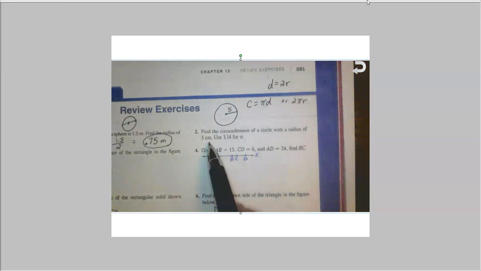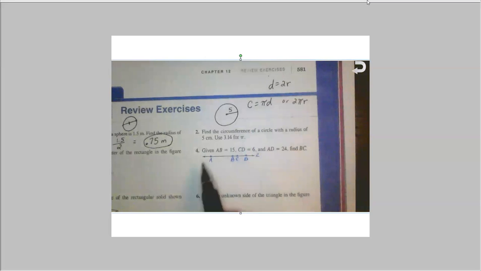So I am given a radius of 5. In the place of pi, because pi is an irrational number, it goes on forever without an end, we use the approximate value of 3.14. So I'm going to multiply 3.14 times the diameter, which is 2 times the radius, that would be 10, and that's going to equal 31.4, and my label is centimeters.